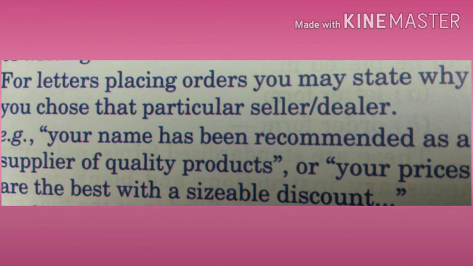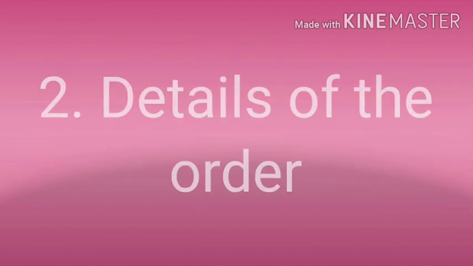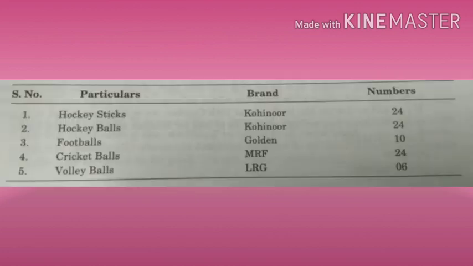In the second paragraph, or the main paragraph, you have to state the details of the order and must cover the following points. You have to specify the quality of the goods that you need, and the quantity also. So both the quality and quantity should be specified in the second paragraph, which will be the main paragraph.